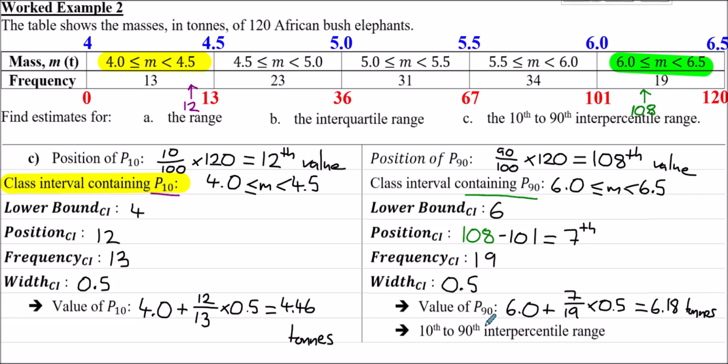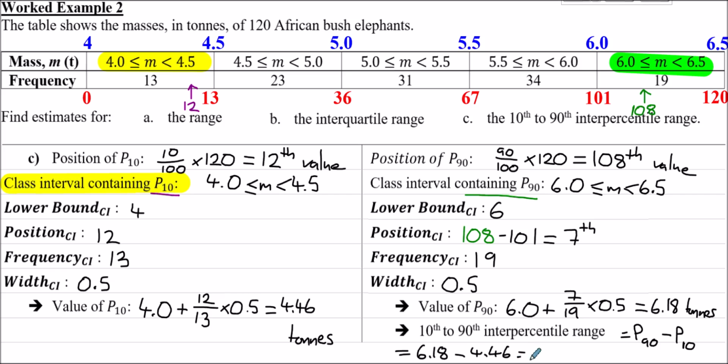We can now calculate the 10th to 90th interpercentile range. So that's going to be P90 minus P10. The higher percentile take away the lower percentile. So we had 6.18 for P90, subtract 4.46 for P10.